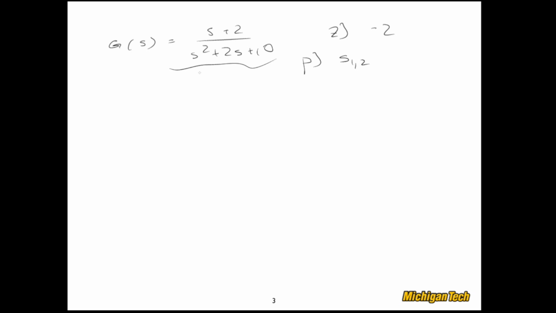Before I do that, we give this equation a very special name. This is called the characteristic equation, and sometimes it's denoted as F. So we would say F of s is equal to s^2 + 2s + 10.